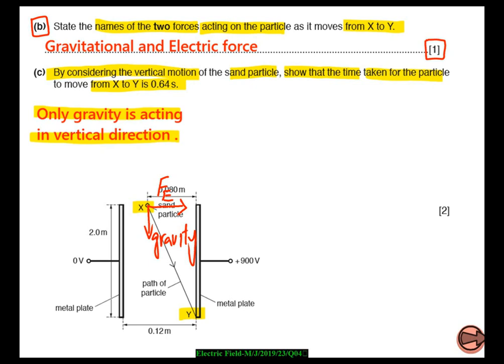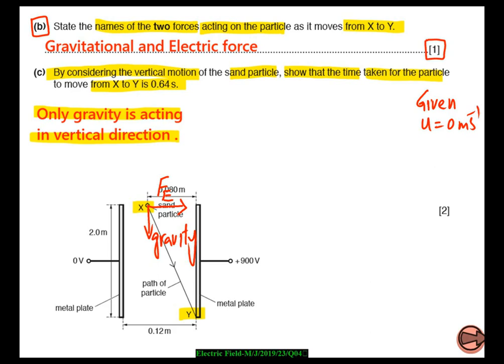The first thing given to us is that the particle started from rest. So it means u is equal to 0 meters per second. And as the particle is only in a gravitational field and there is no other force acting on the particle, the force acting on the particle is only gravity, so simply we can say that a is equal to g, because the only force acting on the particle is due to gravity.